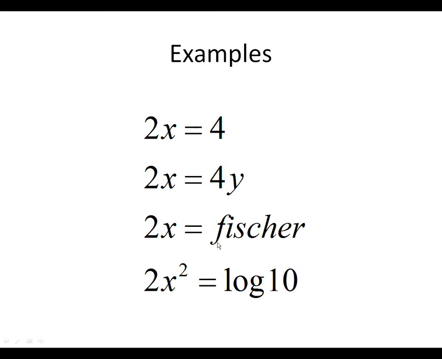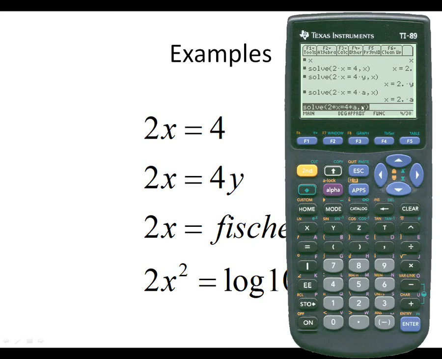Check out this one. I could have a variable called Fischer. So 2x equals Fischer. So I'm going to actually use the alpha lock. I can lock my letters in, so second alpha gives me an alpha lock, and I can just go ahead and type in F. Oh, that's not what I wanted to do.